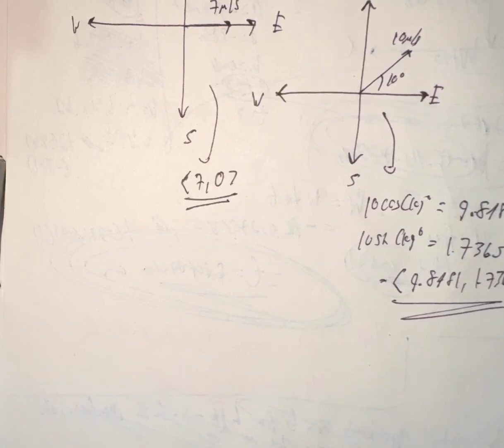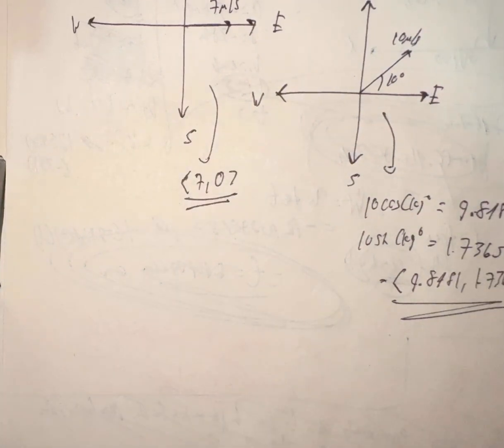Anti-parallel vectors, we also add them up. However, they're going in the opposite direction. They have opposite signs. So basically, if we add them up, it's going to be a positive plus a negative. That's pretty much it.